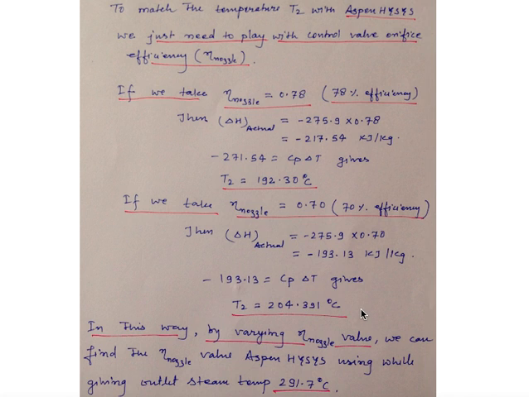So by doing trials for nozzle efficiency, we can find the nozzle efficiency or the orifice efficiency of the control valve, which is being used in Aspen HYSYS to produce this value.